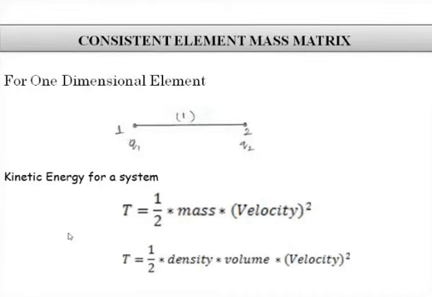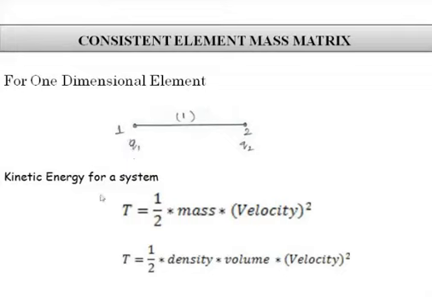Let us see consistent element mass matrix. This is for 1D element or 1D bar element if you want it to be specified. So if you see 1D bar element, it consists of two nodes, node 1, node 2 and one element, and at each node I have Q1 and Q2 are the displacements.